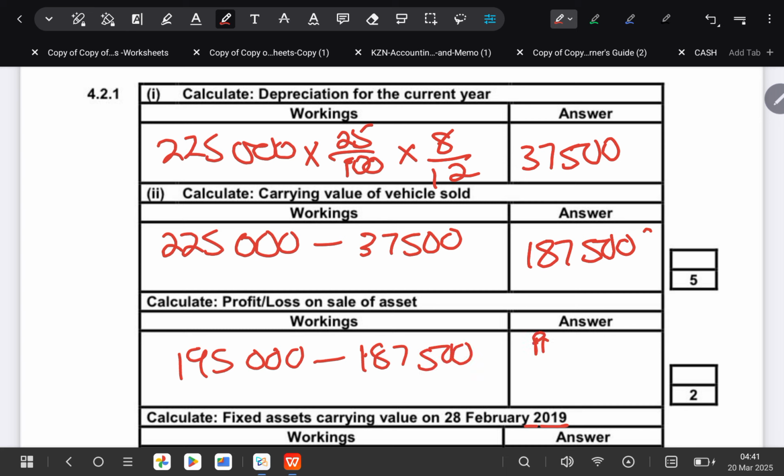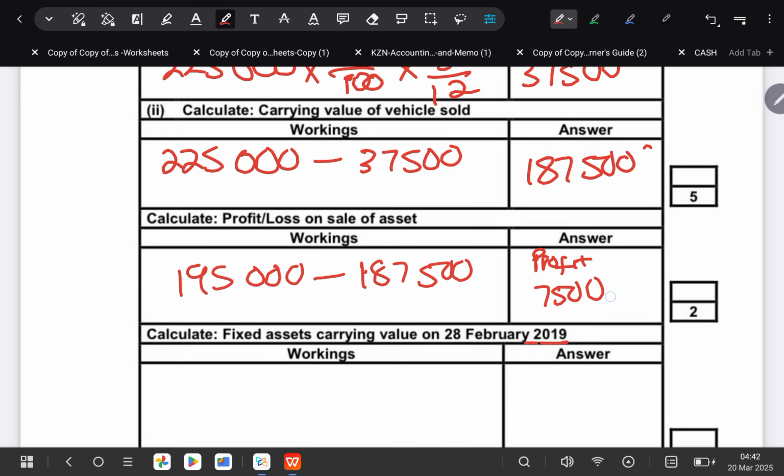So remember, it was sold at a profit. So let's check. 195,000 minus 187,500 gives us 7,500. So you made a profit on sale of asset of 7,500.